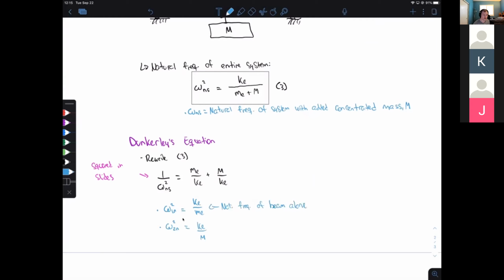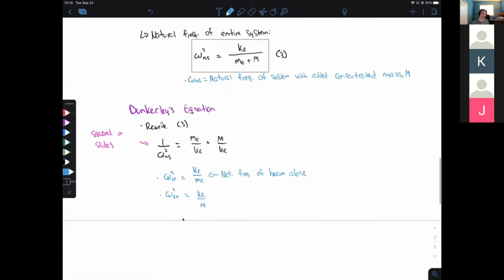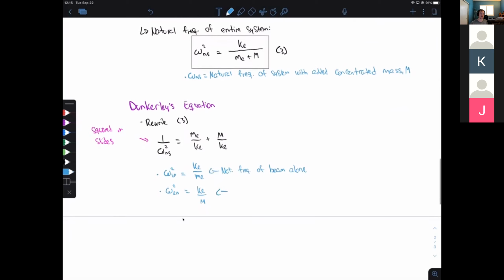Okay, so that's the natural frequency of the beam alone using our equivalent mass, which again, that's a function of the actual mass of the beam. And then omega 2n squared, that's going to represent the natural frequency of the added mass for the beam.